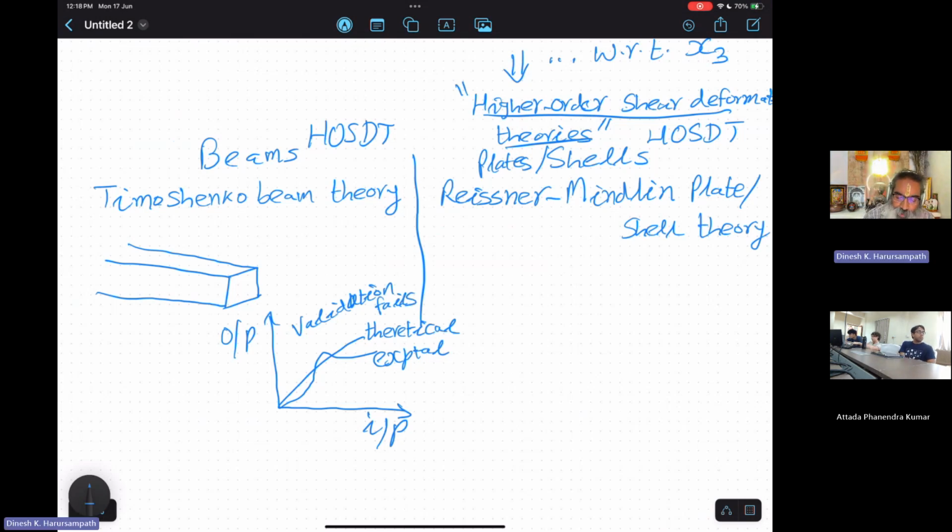Okay, so when you have the validation failing like that, you tend to bring in a correction factor and try to fit your theory so that it goes closer to the experiment. So that's essentially what your correction factors do.